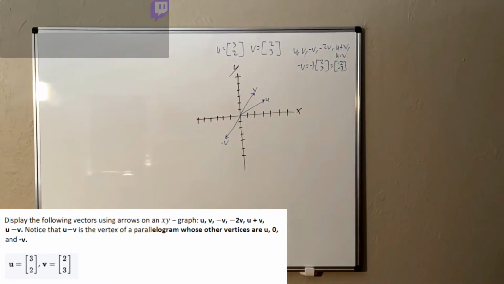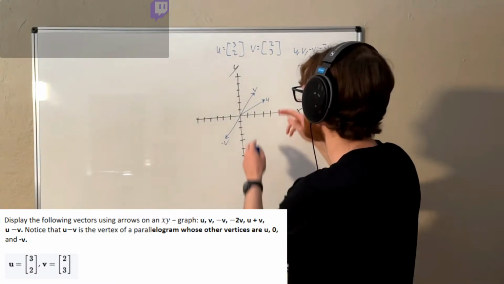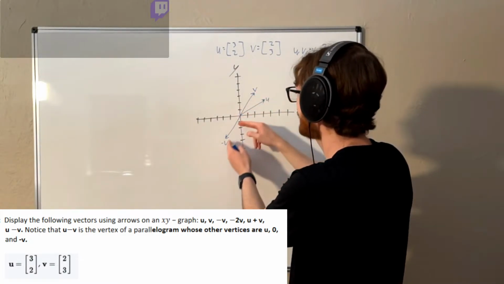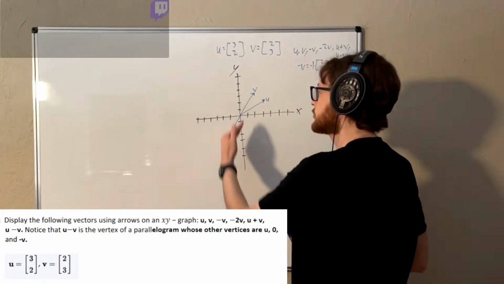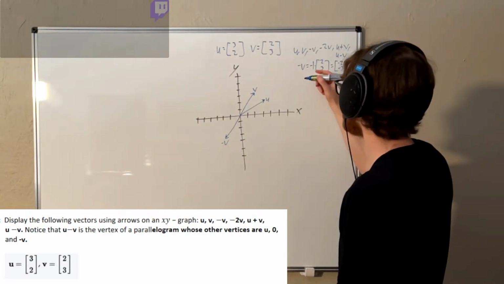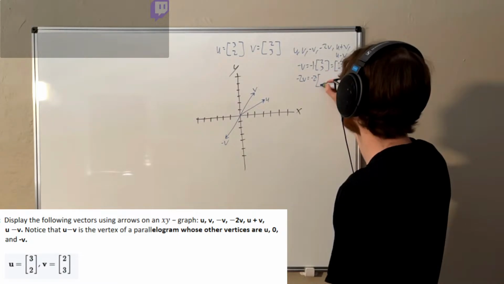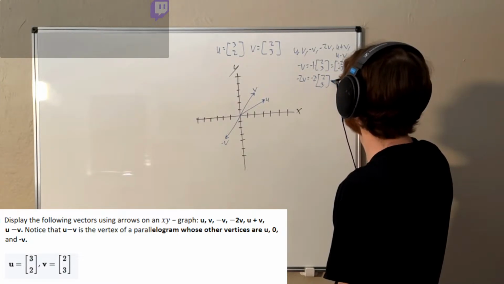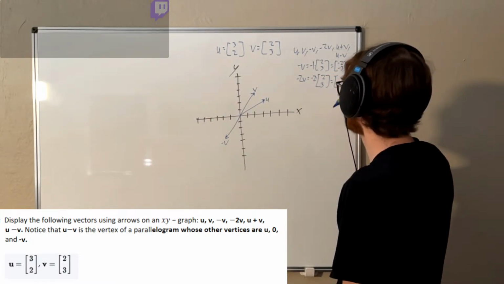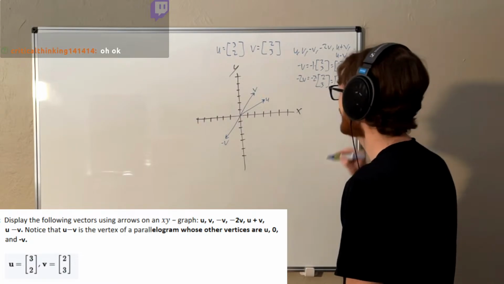Because no matter how you scale V, no matter if you make V bigger or smaller or reverse the direction, it should always make a straight line like that. And we'll see it here in the next one with minus 2V. We do minus 2 times the vector V. So minus 2 gets multiplied by each part of the vector, so minus 4, minus 6.